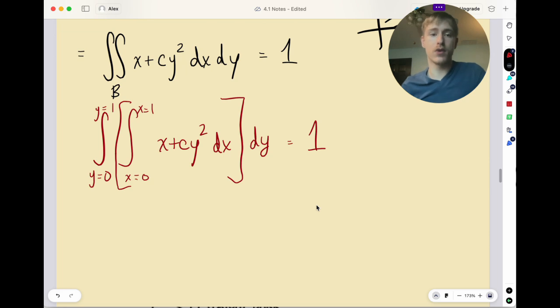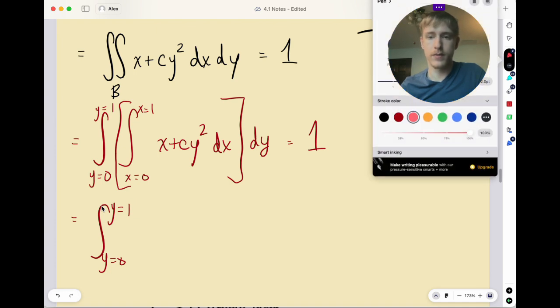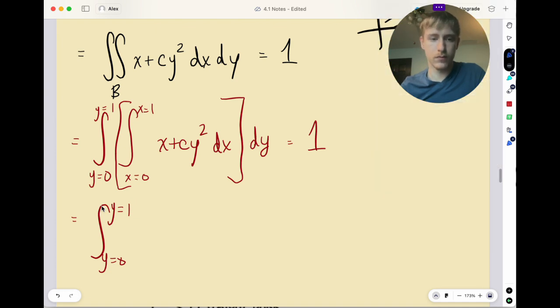Okay, so how do double integrals work? Well, y is considered a constant in this first integral. Okay, so this is going to be the integral from y equals 0 to y equals 1 of this guy. Okay, so maybe I'll do that in blue. Well, we have an x, so that's going to be an x squared over 2 when we integrate.